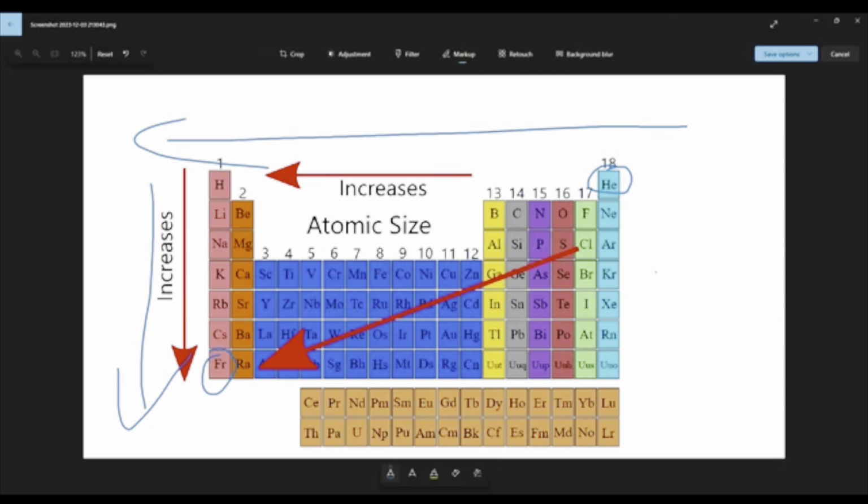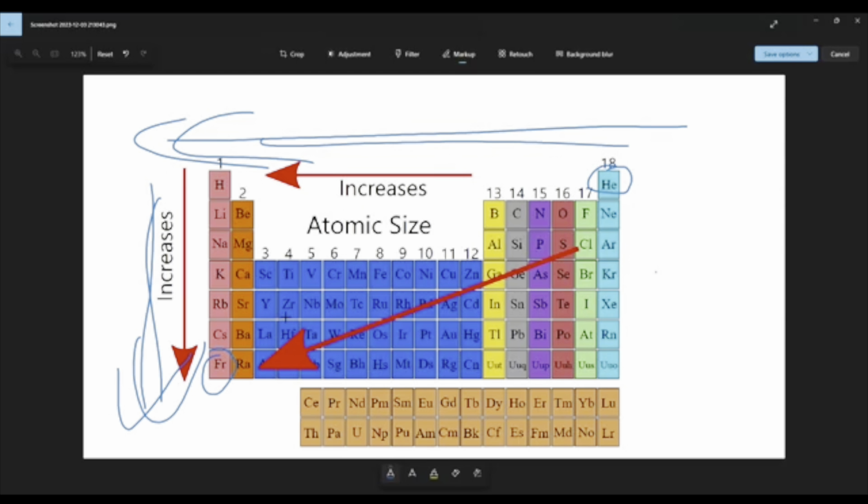Why does it get larger as you go left and go down? What are the largest and the smallest atoms? As the atom increases in atomic number, more electrons and protons are added to the nucleus.